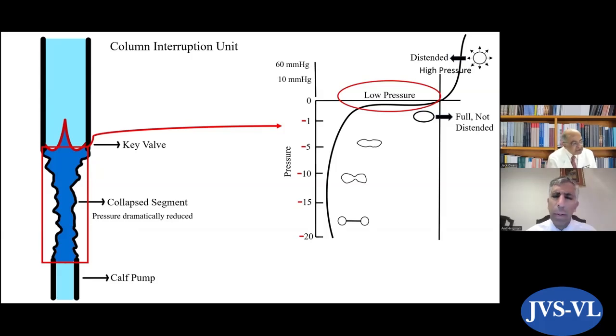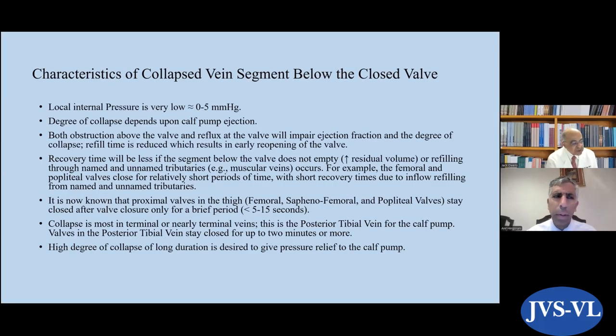The veins do not exactly do that. The dumbbell with the flat segment in between is more a Penrose type of situation, which happens in artificial conduits, but veins probably collapse more or less concentrically.